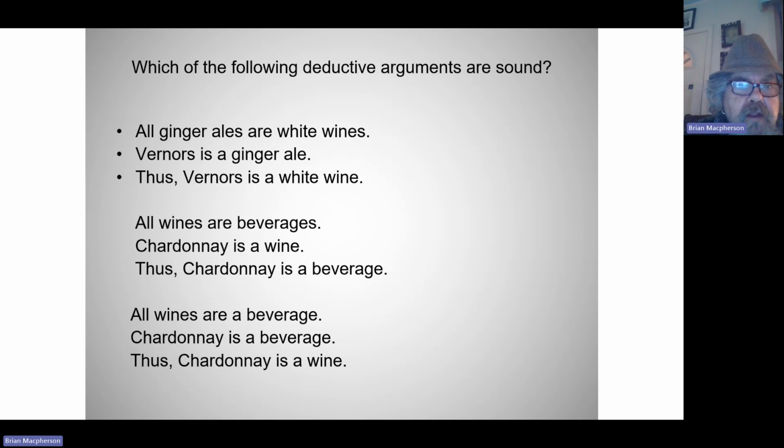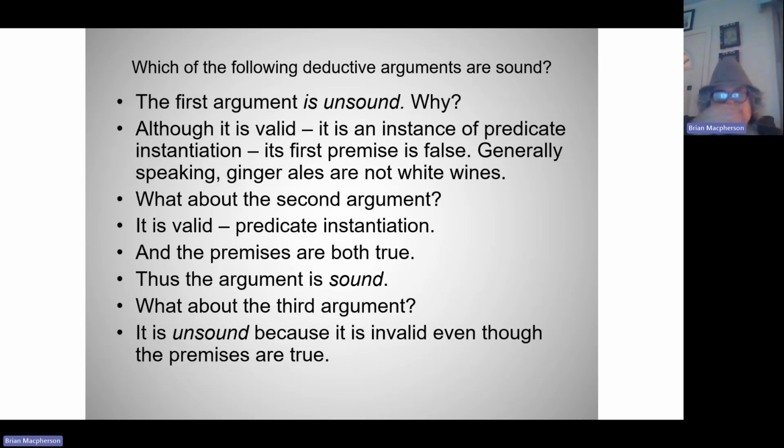Then I talk on that slide about the third argument. As we said, it is unsound because it is invalid even though both premises are true. So there you have it. We had an argument that's unsound because although it's valid, a premise is false.